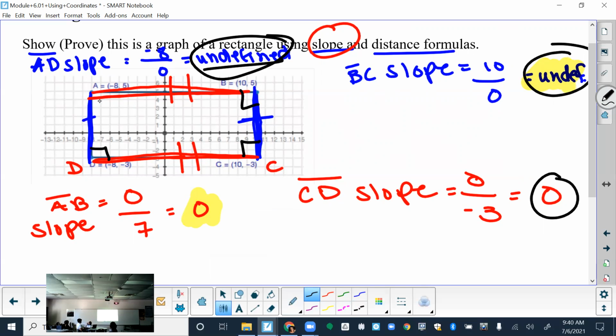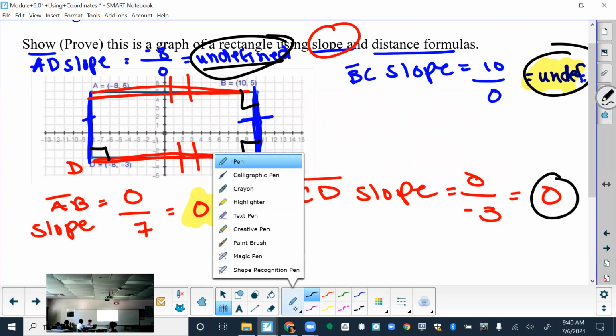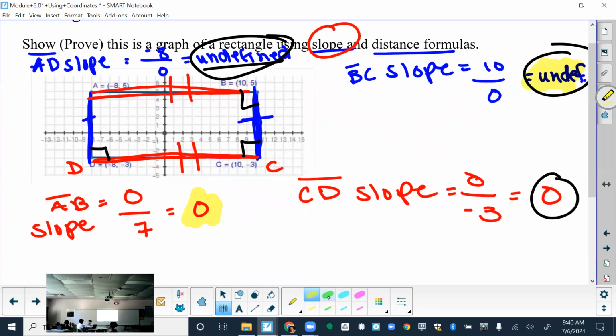And then lastly, slope of AD, we said is undefined, but we used a different color for that. For AB, we said that it's 0. Are those opposites of each other? Yes. So did we finish proving that this is a rectangle? All right, good. Any questions?